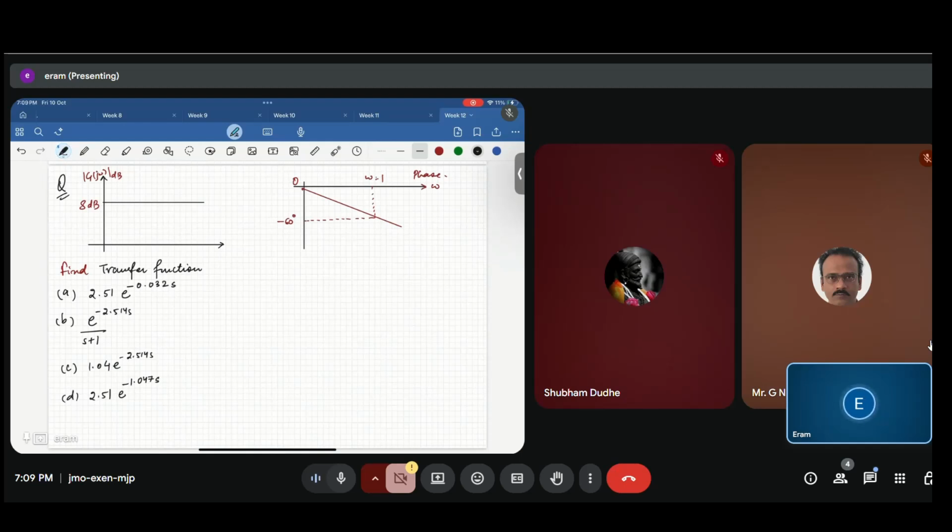Okay, so we are given both a magnitude and phase plot. We have to identify the transfer function. Try it yourself first, then I will solve it.